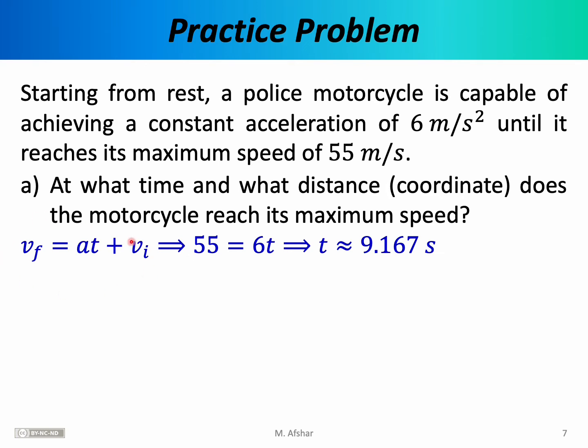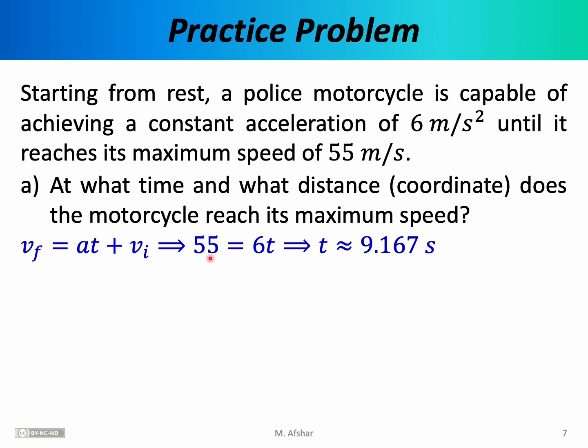I like this equation here because it has time in it, so I can solve for t, and I also know what the initial and the final velocity are, and the acceleration is given to me. So this is a nice equation because all the parameters are known except the one that I want to solve for. V final is 55, the acceleration is 6, V initial is 0 because the police motorcycle starts at rest.